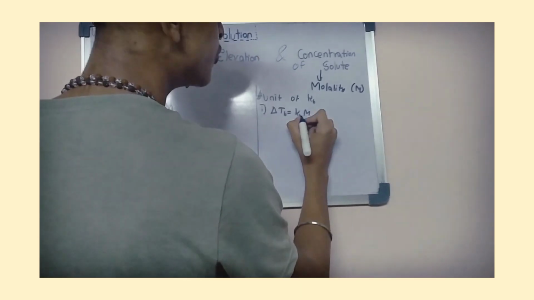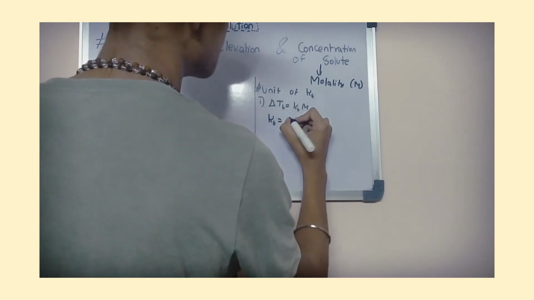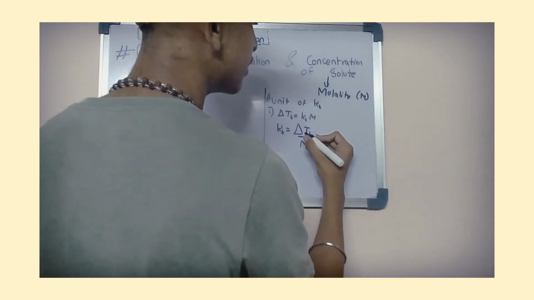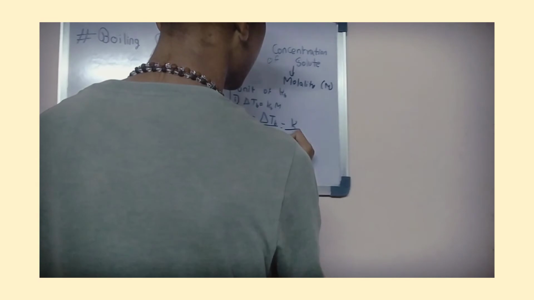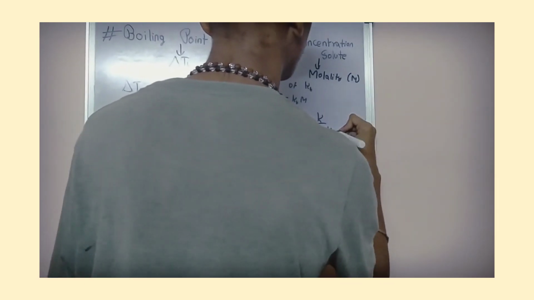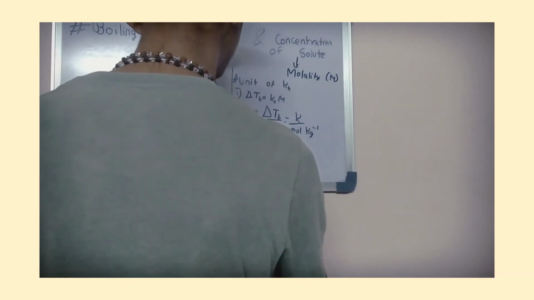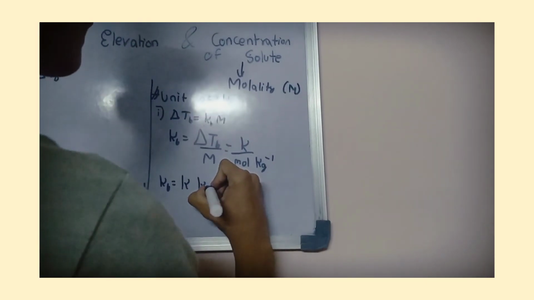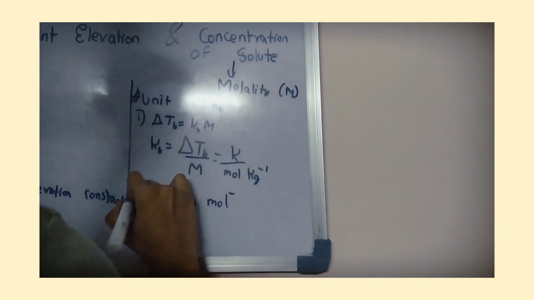So for the unit of KB, we take m here, delta TB upon m. And we know that the SI unit of temperature is what? Kelvin, and of molality is mole per kg. So we get the unit of KB as K kg per mole.